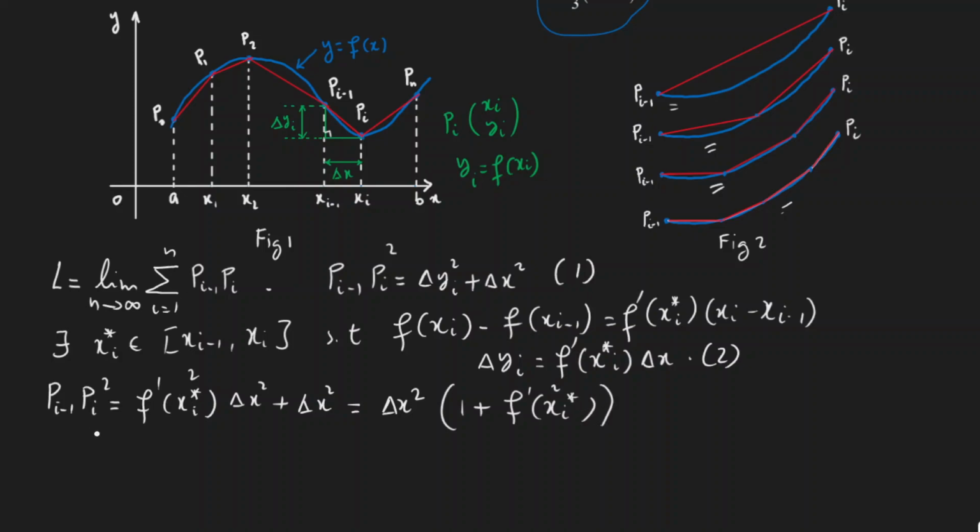So it means that Pi minus 1 Pi itself will be equal to the square root of 1 plus f prime of xi star squared, times delta x.